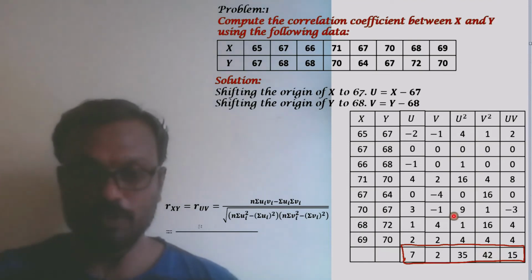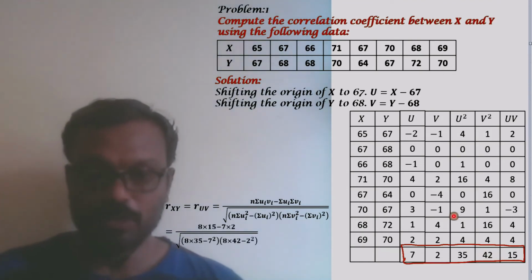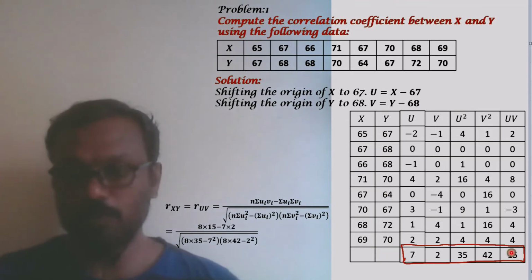And these substitutions we make in the formula. So we have 8 into sigma ui vi, that is 15, minus sigma ui is 7, sigma vi is 2. And then n into, that is 8 into sigma u squared, that is 35, minus sigma u, that is 7 squared.